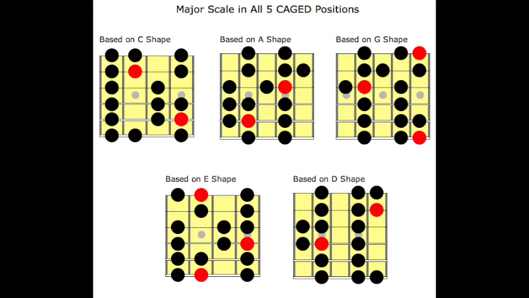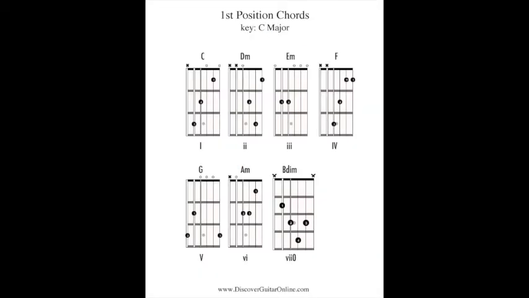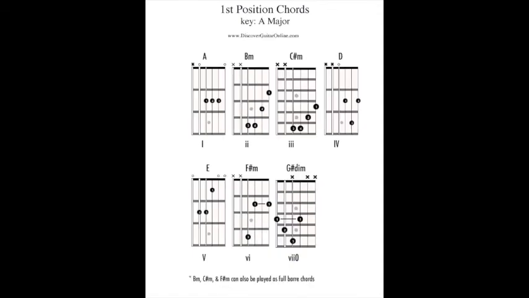And by practicing these 5 shapes here, you're going to be able to play the major scale up and down the neck. And that's going to allow you endless possibilities. Okay, so not to go crazy with the theory, guys, that's basically the theory for the CAGED part of the singer-songwriter series.